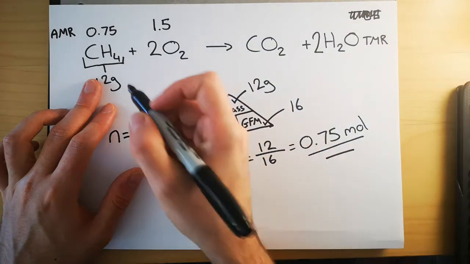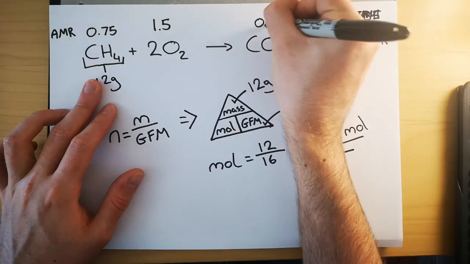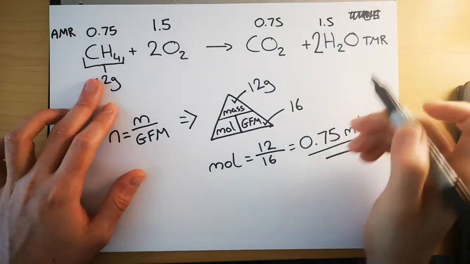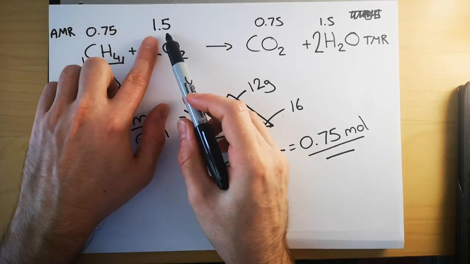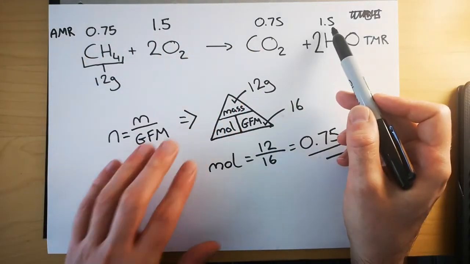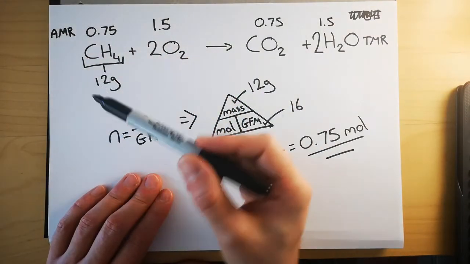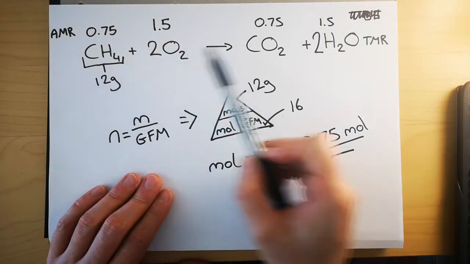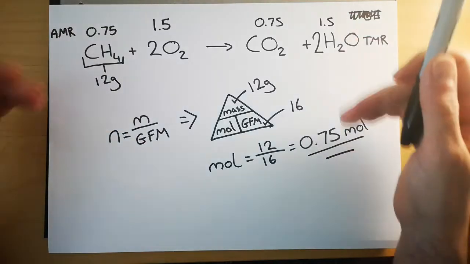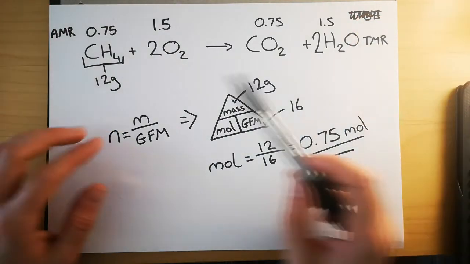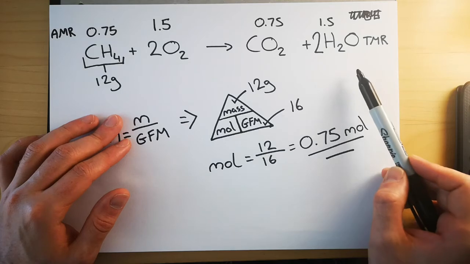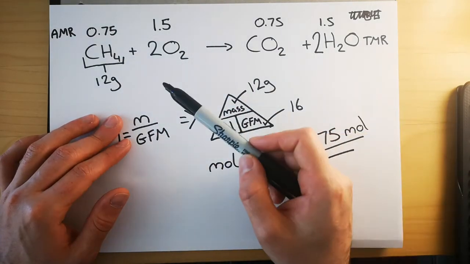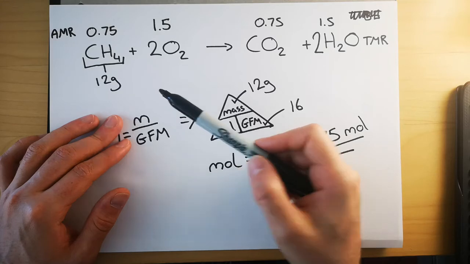So my actual molar ratios are 0.75, 1.5, 0.75, and 1.5. And that is derived from the theoretical molar ratio, which was 1 to 2 to 1 to 2. These are the same, but the numbers are different. So this is a simple whole number ratio. These are the actual ratios of what I'm going to get.